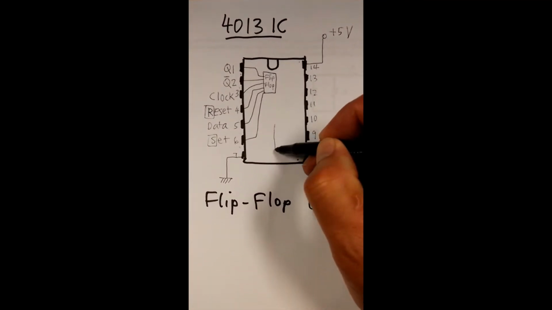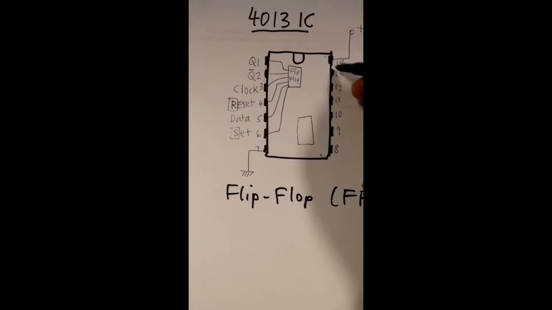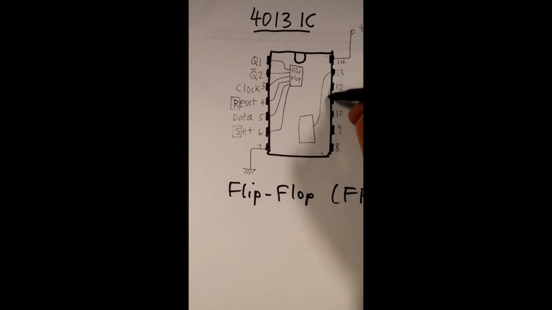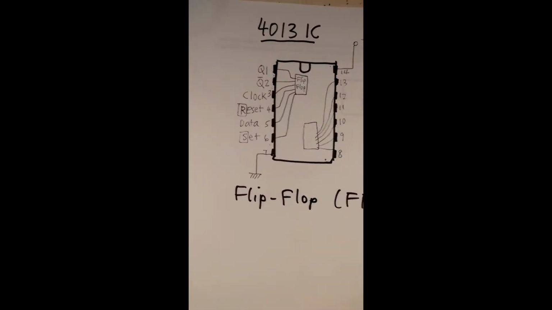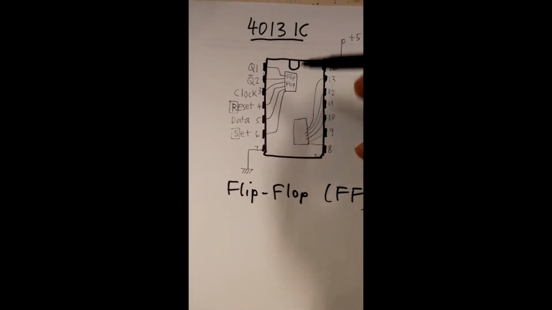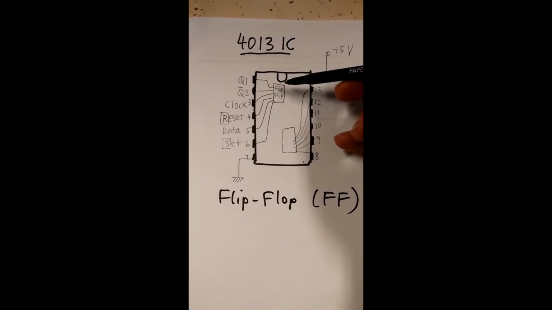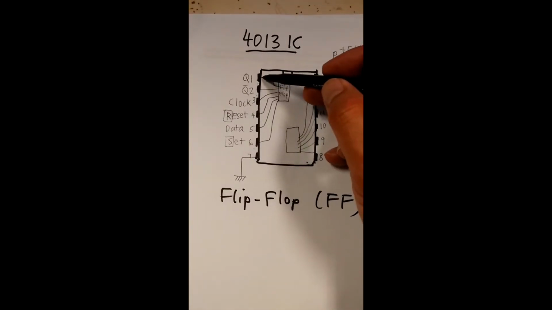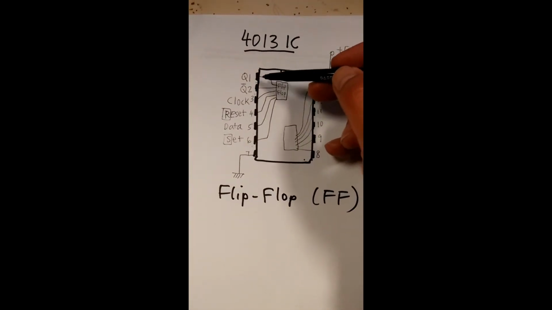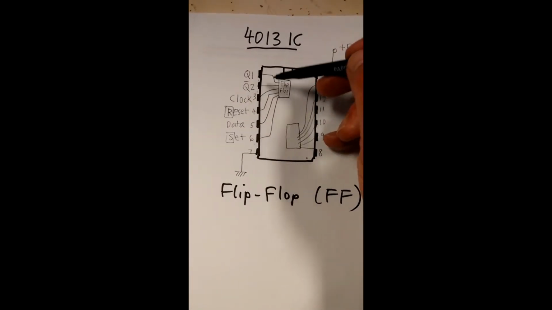So we have this another one here, and they are connected to these 6 leads. So we use half, that's why they say half of the 4013 IC. So we use this side, and this Q1 is the output, Q output, and this is Q bar.